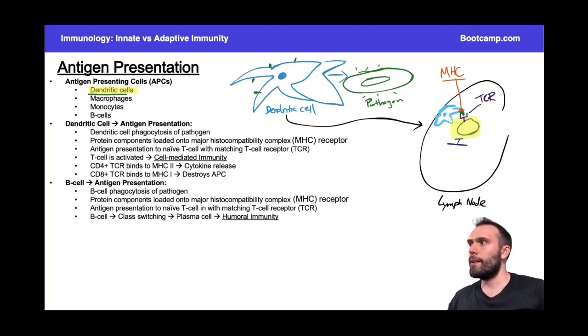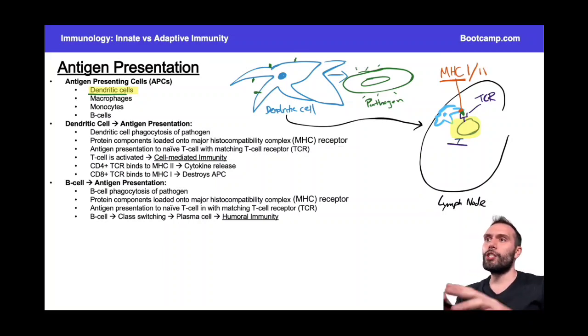It can load the protein components onto an MHC receptor 1 or an MHC receptor 2, and there's a consequence to this, and I'll talk about that in just a second. Depending on which MHC it's on, it's going to target different T cells, and we'll talk about that in a second.